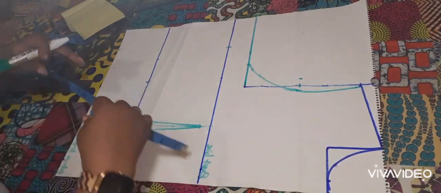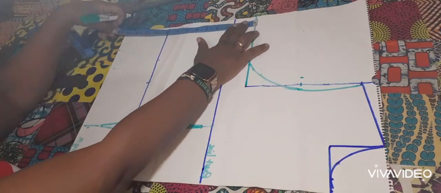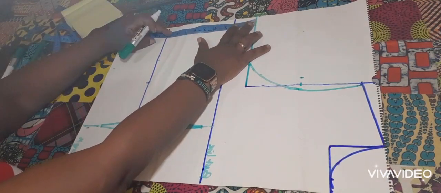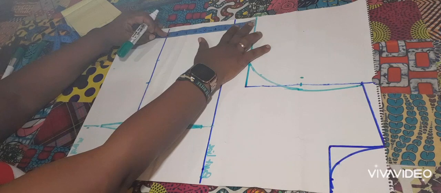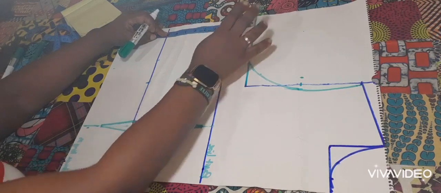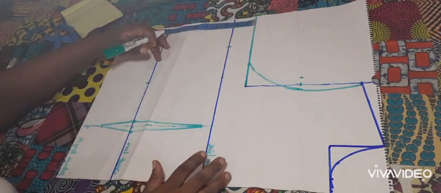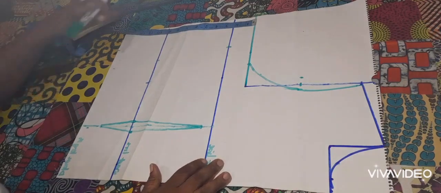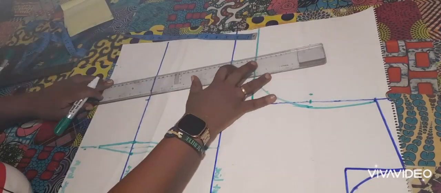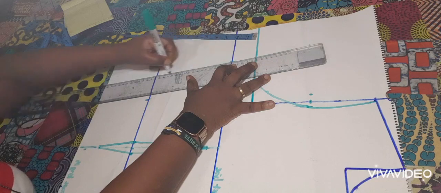For the side darts, we measure from this armhole up to the waistline, and what we have here is 9. But before then, let us join our sides, where we marked.